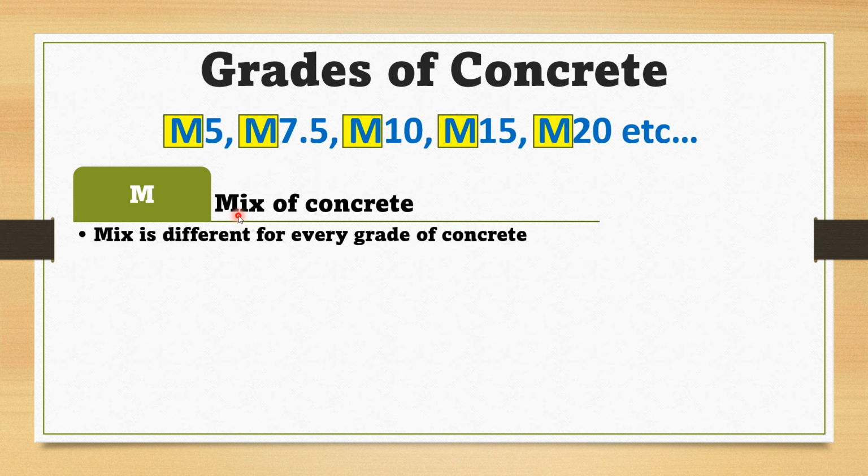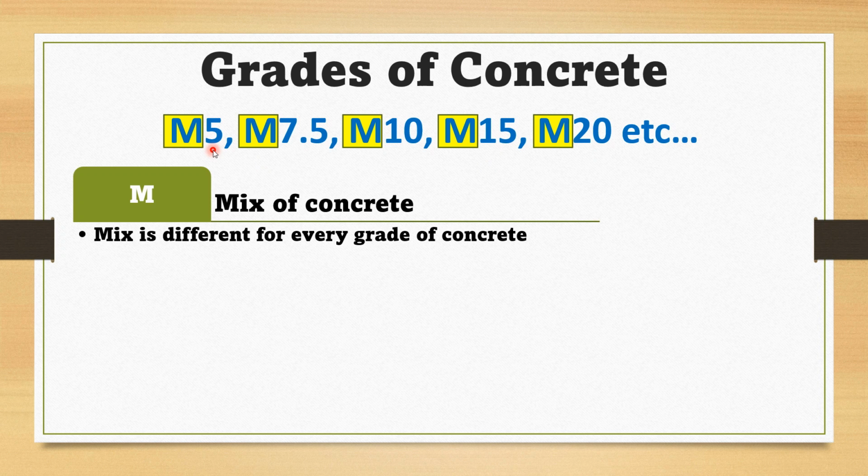The mix ratio is different for every grade of concrete depending upon the strength. Let us suppose we have M5 grade concrete. The parts of cement, sand and aggregate will be different for M5, for M7.5, and for M10, M15 and M20 grade concrete.